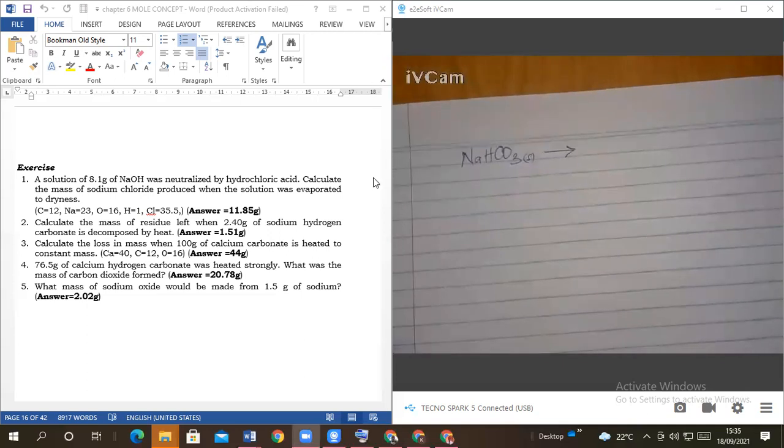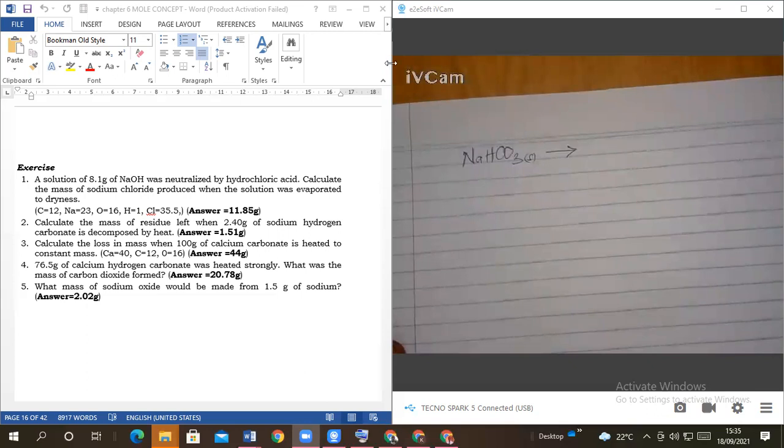Decomposition meaning they have heated the thing until no further change. So when you heat sodium hydrogen carbonate, what do you form?